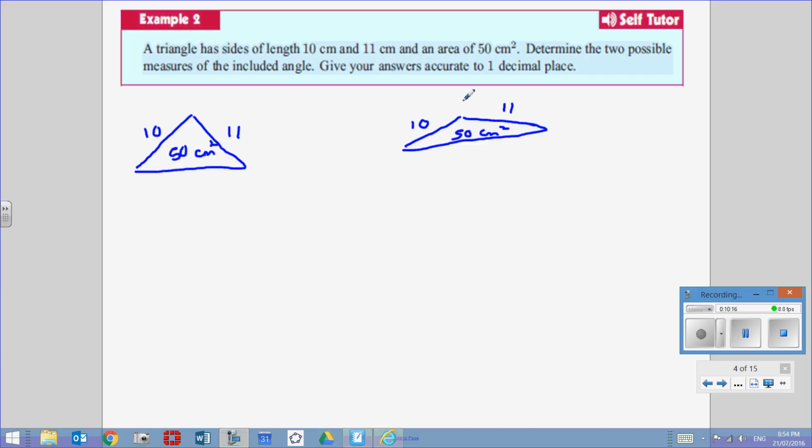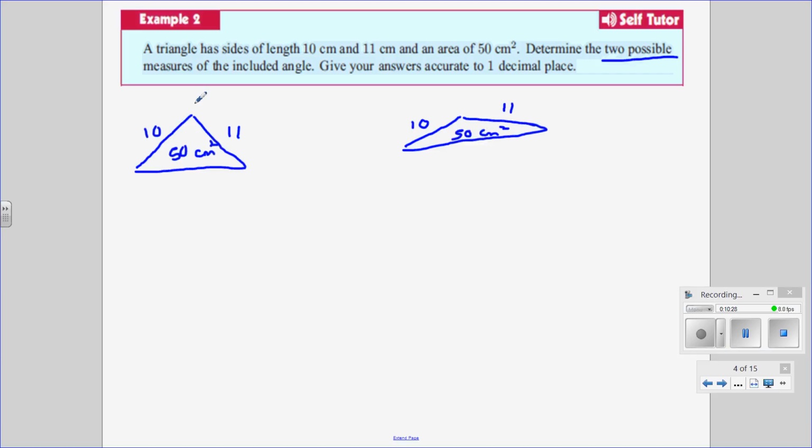If we have two sides that are set, then that third side could either be relatively short, and the triangle could be acute, or relatively long, and you could have an obtuse triangle. So what we're looking for is actually two possibilities for the angle in order to give us the two possible triangles that could have an area of 50 centimeters squared with two sides being 10 and 11. Go ahead and set up the formula and see if you can figure out what those two values would be.